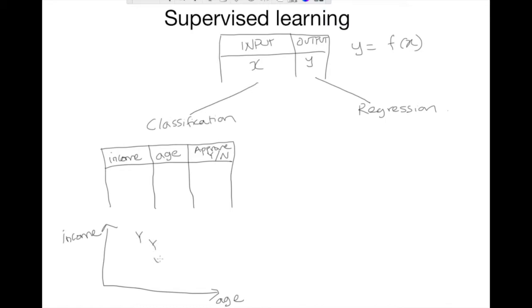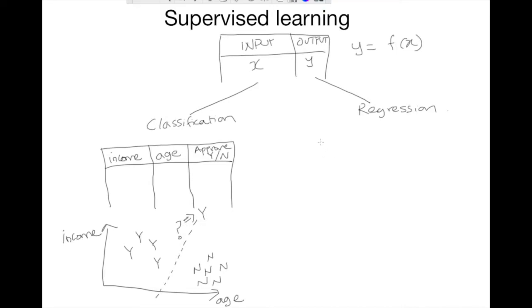So generally this might be okay, and you might have another class, all the disapprovals might be here. So the idea in a classification problem is to learn a decision boundary that allows us to differentiate between the class, such that if you come across an unknown test point, this decision boundary allows us to predict the likely outcome.